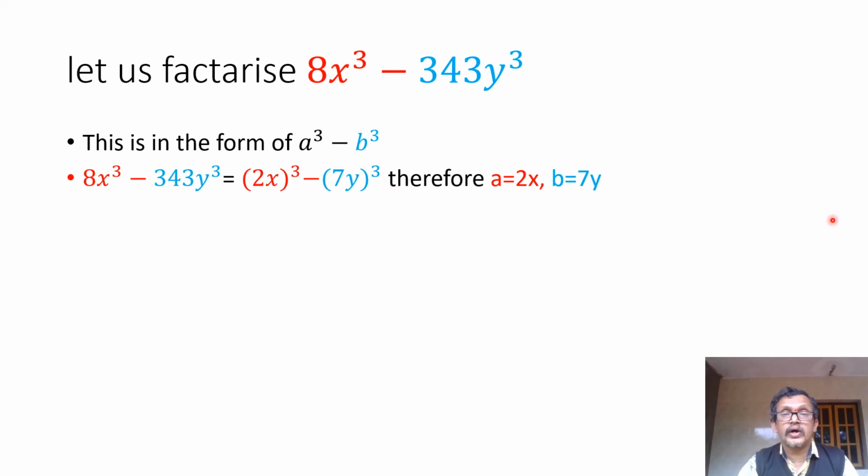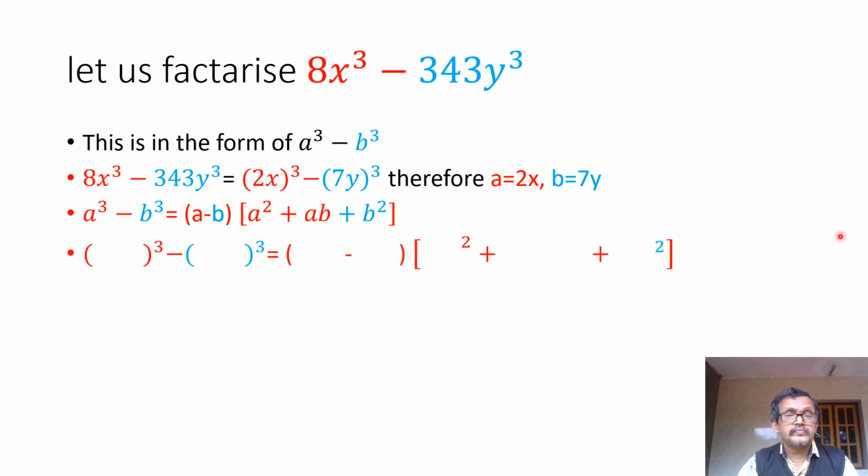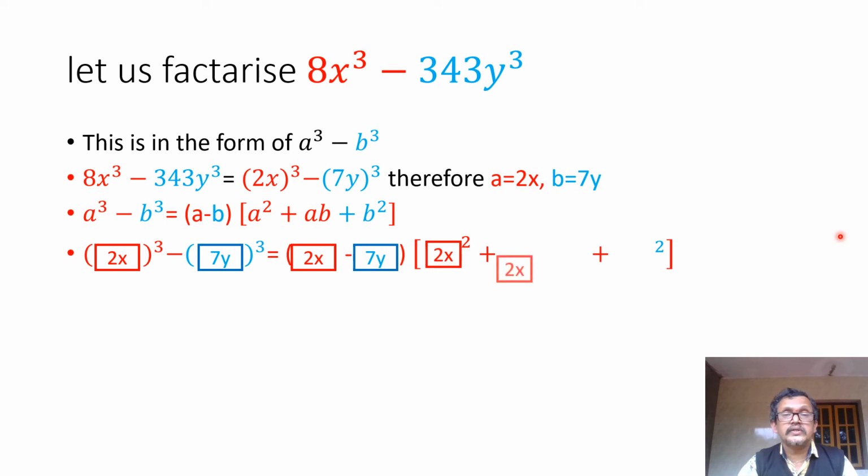Now apply the formula a cube minus b cube equals a minus b into a squared plus ab plus b squared. Put a equals 2x and b equals 7y. So 2x whole cube minus 7y whole cube equals 2x minus 7y into 2x squared plus 2x into 7y plus 7y whole squared.